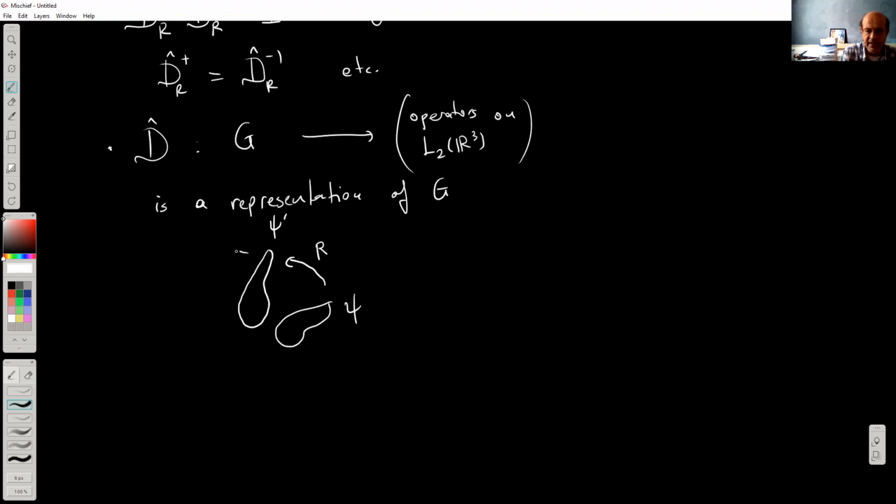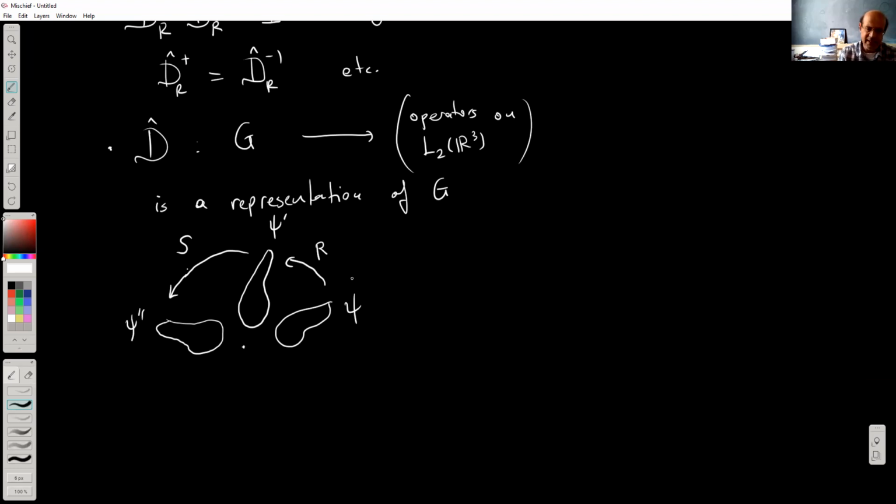And then after that, I apply another rotation, S. This is the origin, let's say, and I'm rotating around the origin. In that case, I obtain the same contour plot, but rotated, all right? So that's psi double prime, okay?